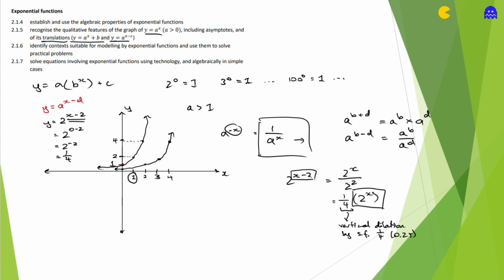Okay, so when you're graphing an exponential function as well, I should point out that generally you'll have 1 mark awarded to the shape, the curve. You'll have 1 mark awarded to the y-intercept normally.